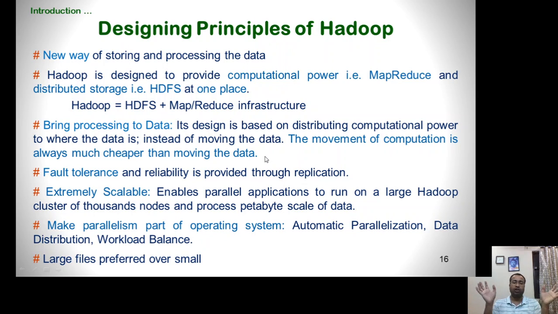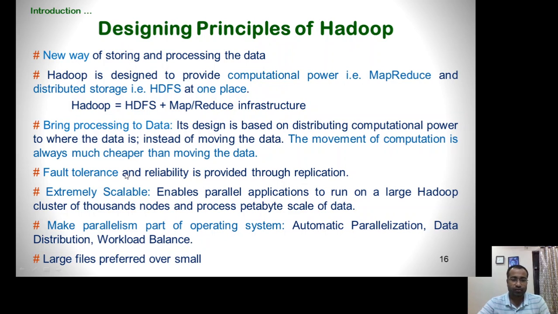Data is already available on different nodes with the help of HDFS, Hadoop Distributed File System. What we only do is design a MapReduce application, MapReduce code, in such a way that the data residing on different nodes will be processed. So obviously, if we are not moving the data, our system will work faster.